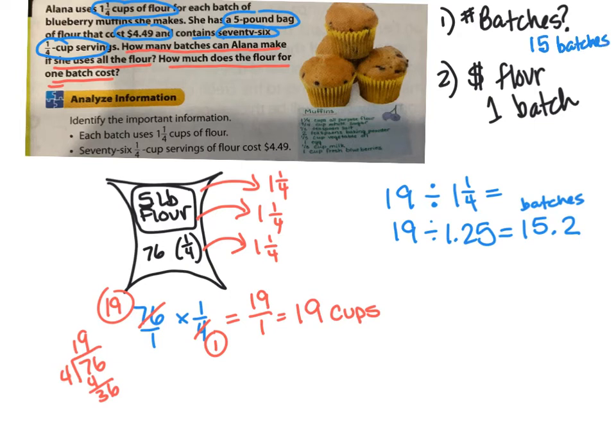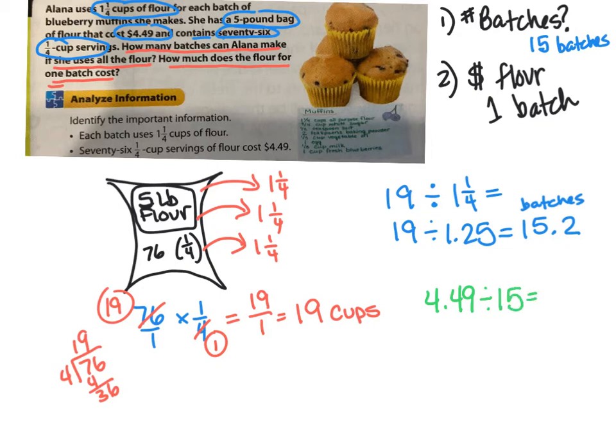The next question they asked me is how much did it cost for one batch? Well, I made 15 batches with the $4.49 that I spent. So let's take that $4.49 that I spent for 15 batches and divide it up to see how much one batch cost.